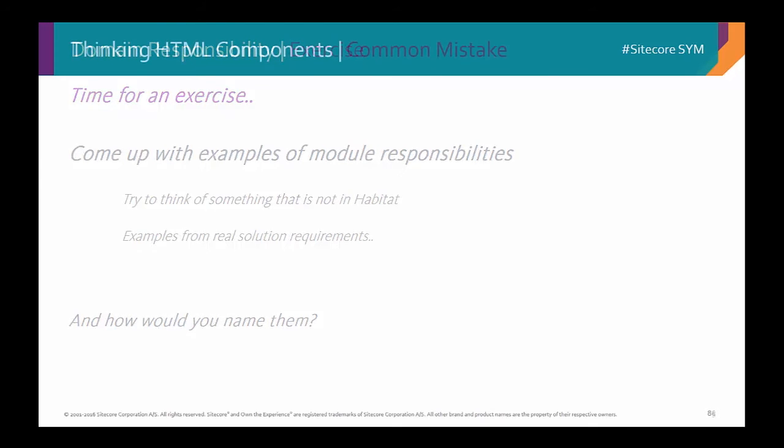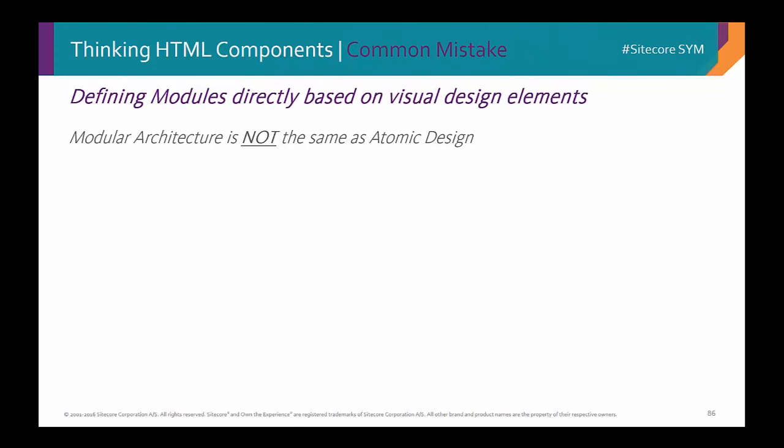So, I can see my time is running. Instead of trying to give you a recipe on how to identify modules, I will mention some of the very common mistakes that I come across working with this architecture for the last many years. One of the most common mistakes I see is that people start to define modules directly based on the visual design elements.